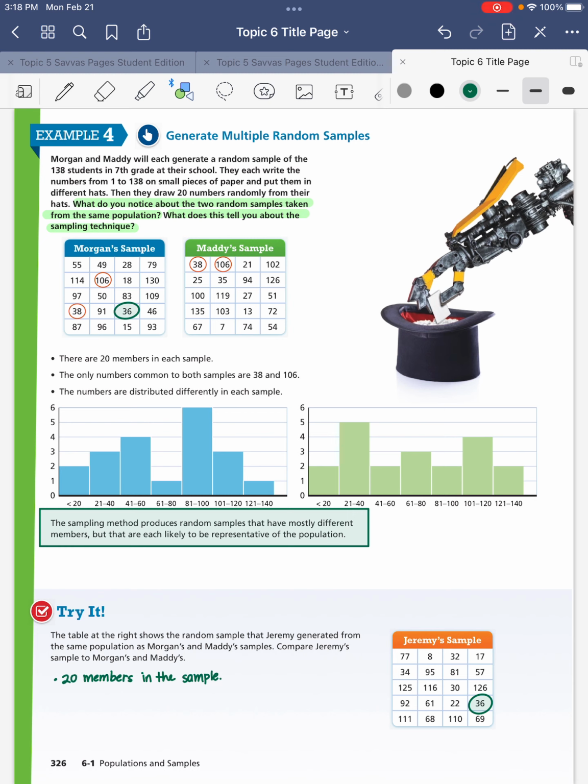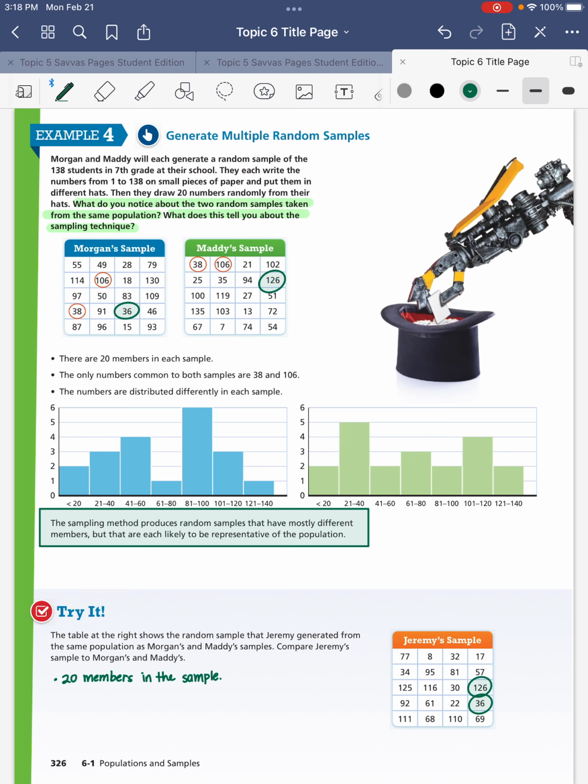So 74, 102, 126, I do see right there. So there's a 126 in both Maddie's sample and in Jeremy's sample. Okay. Let's see, I've got 3 more numbers to check, 51, 72, and 54. So 51, 72, and 54, I do not see. Okay, so I think those are the only 2 numbers that repeat.